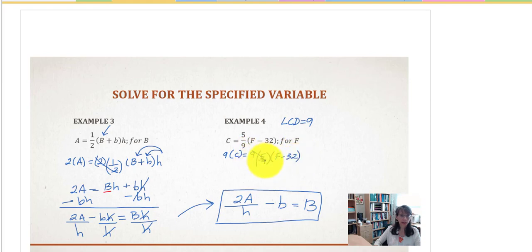So what happens is the 9's are going to reduce, leaving us 9c is equal to 5 times the quantity f minus 32. With parentheses, we'll need to clear by distributing 5 to each term in this quantity. So we'll end up with 9c equals 5f minus 5 times 32, and that's 160.